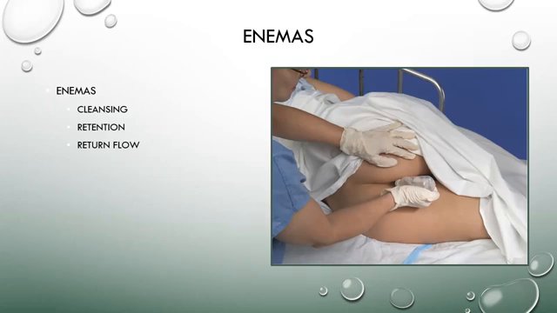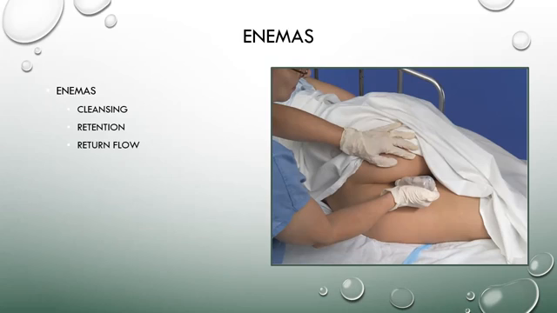Okay. There's also retention enemas. So these introduce a solution into the colon that is meant to be retained for a prolonged period. Consequently, the volume is small, like 90 to 120 mils or so. So typically, you're putting in that enema and you tell them pretty much hold on tight, clench your butt cheeks together for 20 minutes or however long, and then they should get the urge to defecate at some point from that.